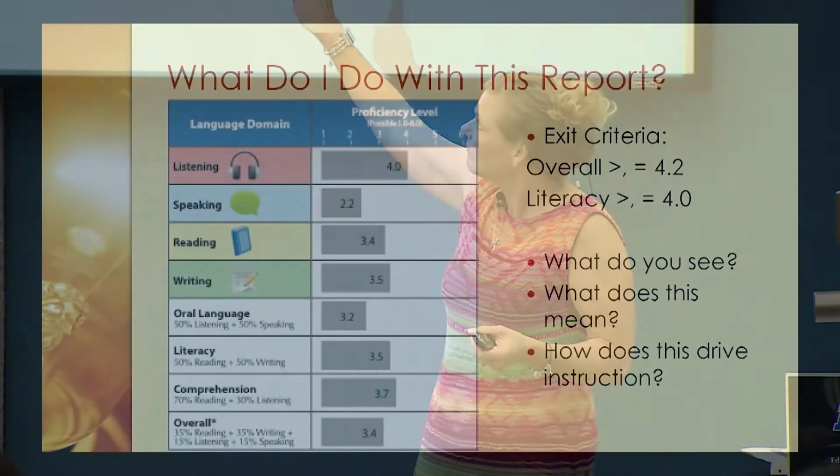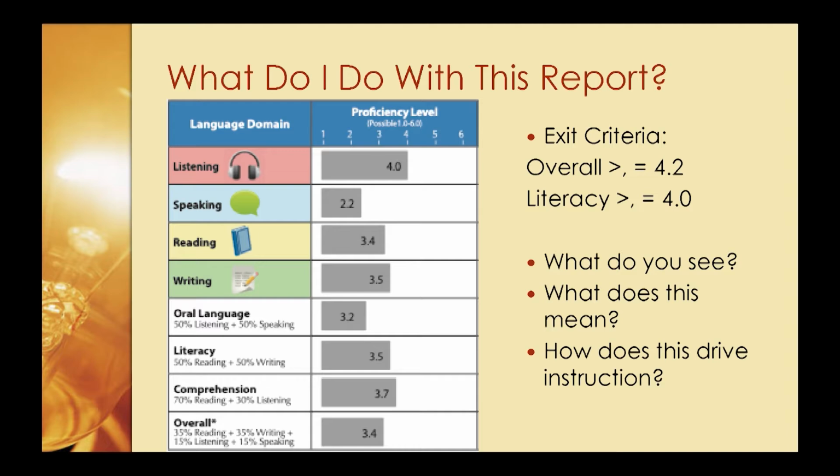Another thing that I want you to notice about this one is that the listening score is a 4.0, which is a good score, but typically, using this data to drive instruction, the first year that we did the WIDA Access, the listening score seemed a bit inflated for the teachers at my school and in the district, especially versus the speaking score.